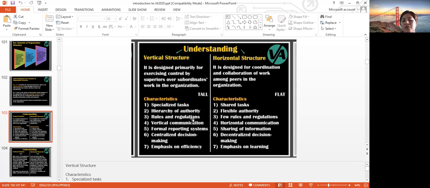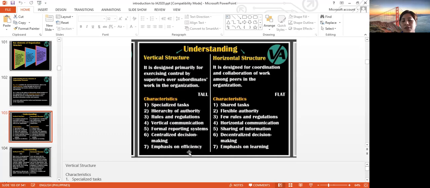There are rules and regulations to follow while doing the job. Vertical communication and formal reporting system means there is a systematic process that they need to follow in accomplishing their task. Centralized decision making, for example, means that before deciding on something, they need to consult first the one in authority, like the CEO.